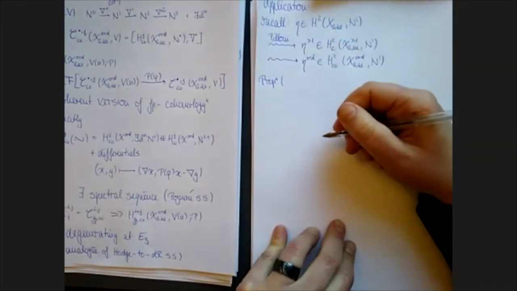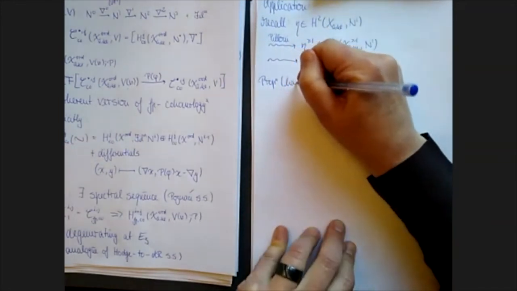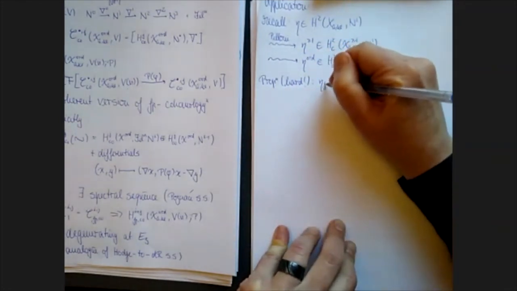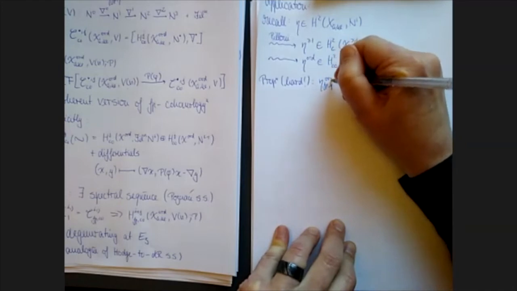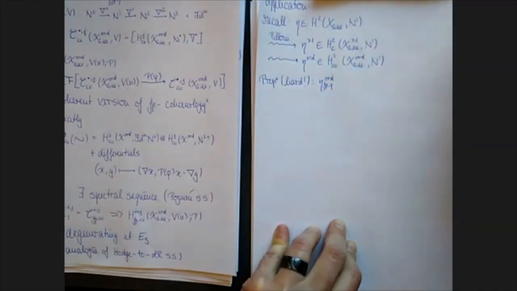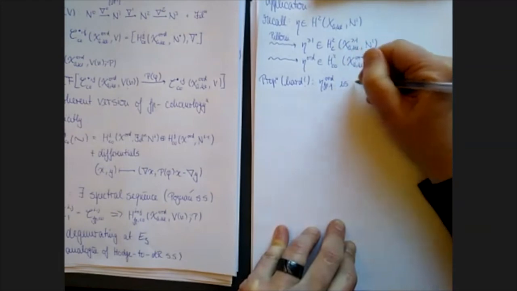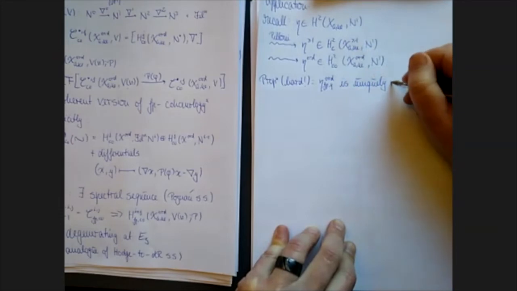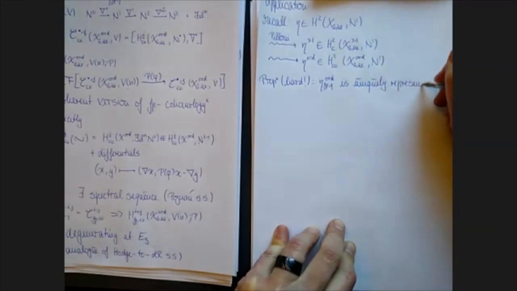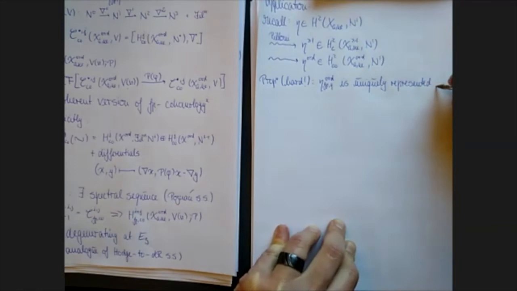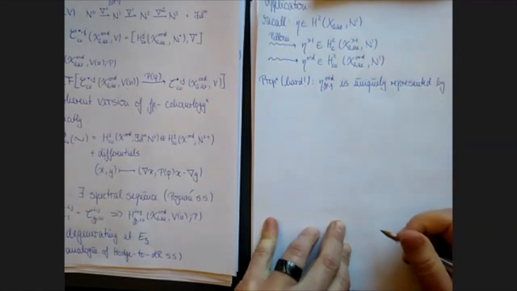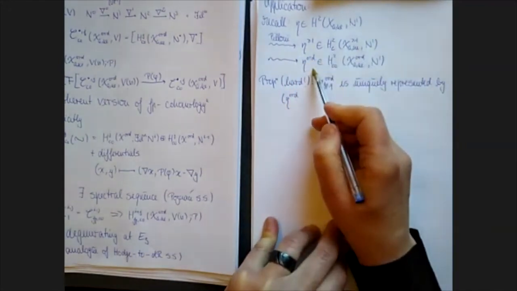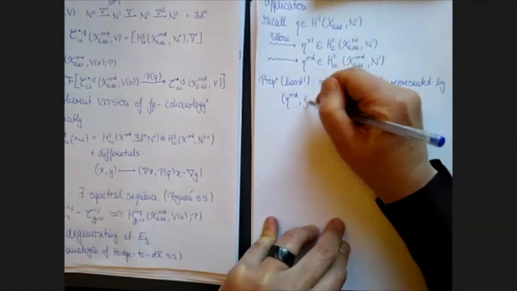And the proof of this proposition is very difficult. Namely, this class eta FP Q odd, our class in the FP cohomology, is uniquely represented by a pair of classes in the coherent cohomology, namely this eta odd coming from Piloni's theory, and an element zeta.